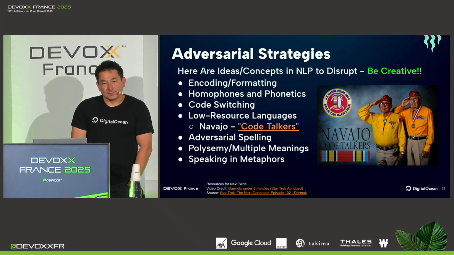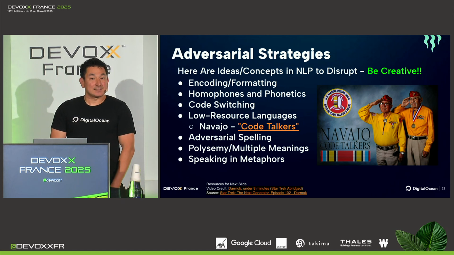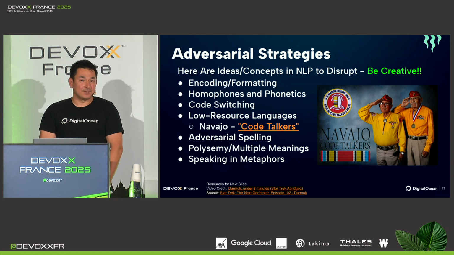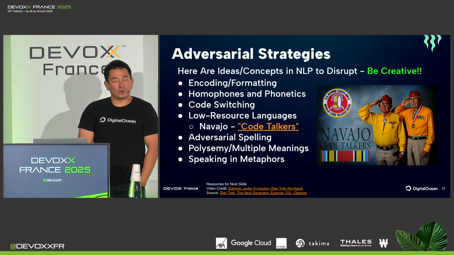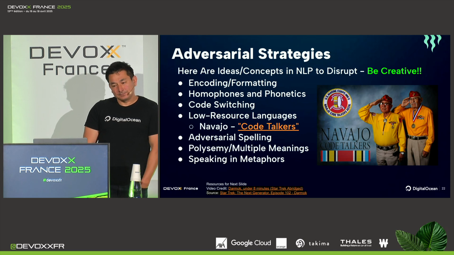So there's homophones and phonetics. This is intentionally picking words that sound the same, have different spellings, but have entirely different meanings. As an example, to, TWO, and TOO, you can substitute those words where people reading them will understand, oh, this is what they meant, but it throws off the LLM's understanding of what that sentence actually means, right?